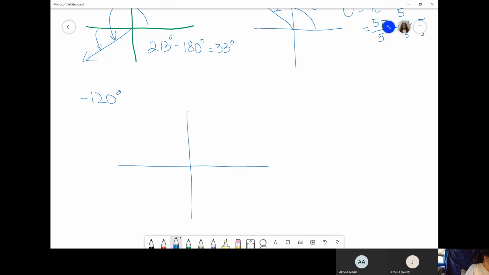If the angle is negative 120, in which quadrant are you located? Negative 120 would be somewhere over here.